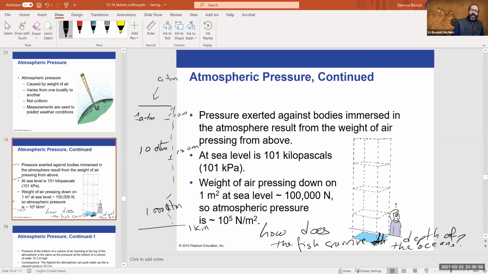By the way, the deepest points in the oceans can reach about 10 times this much, about 10 kilometers or more, 11 kilometers. How does a fish do it?